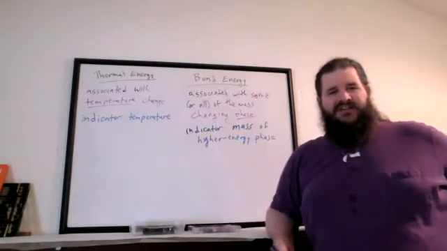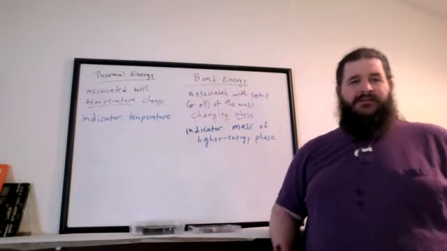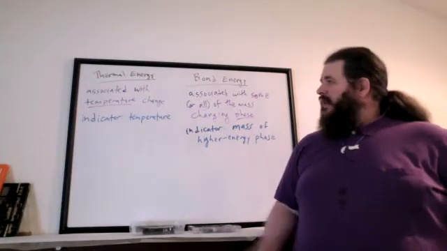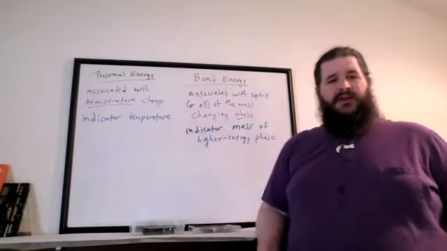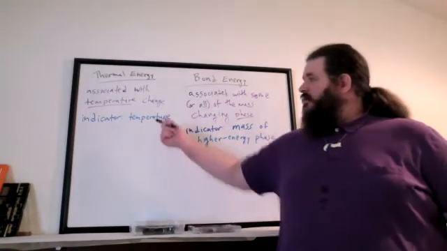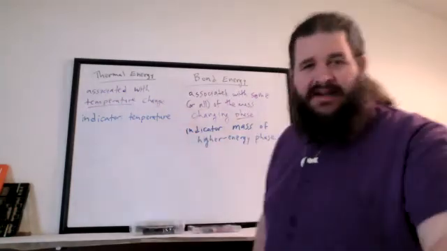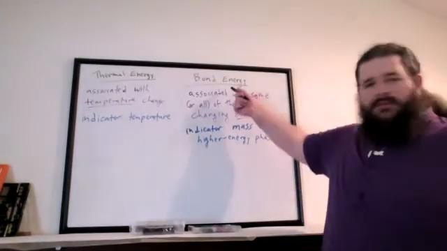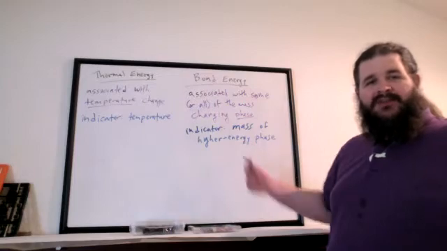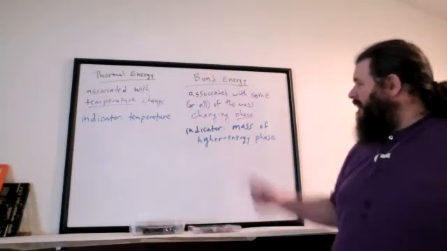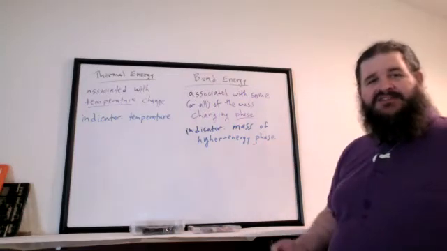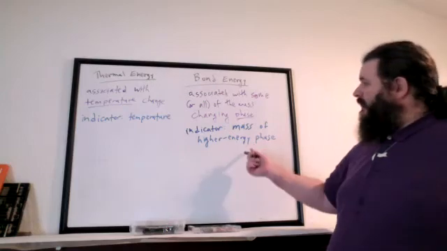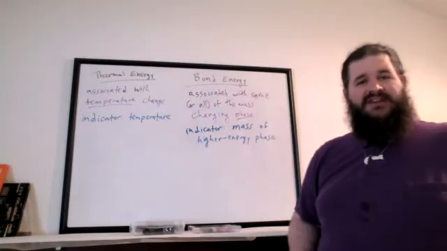You can't just attach an energyometer to an object to figure out how much energy it has. But you can measure the temperature of the object with a thermometer and use that to figure out how much thermal energy it has, or how much the thermal energy is changing. You can't directly measure bond energy, but you can definitely measure mass with balance scales. Figure out how much mass is in each phase and how that changes, and then use a formula to convert that to how much bond energy it has gained or lost.